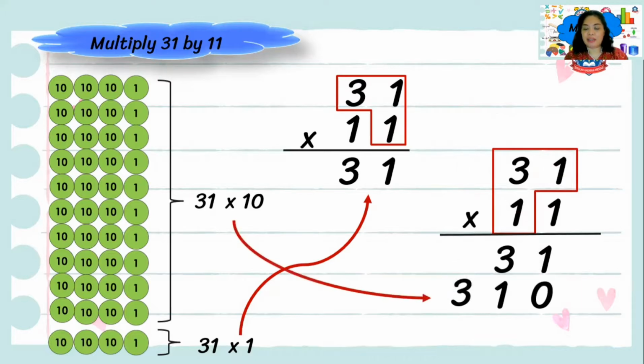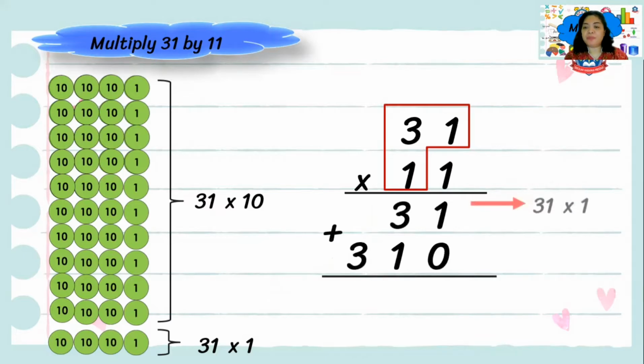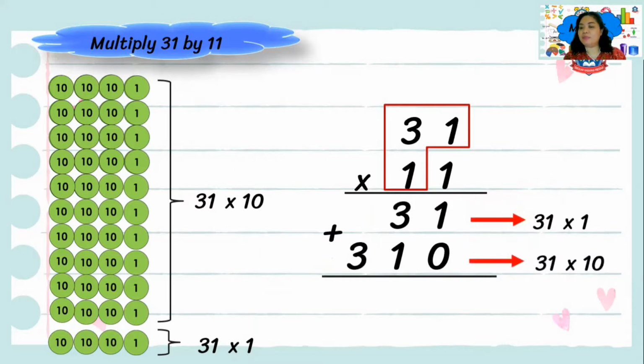So 310. The next step is let's add the answers. So let's add 31 plus 310. The 31 comes from 31 times 1 and 310 is 31 times 10. So the total is 341. So 31 multiplied by 11 is 341.